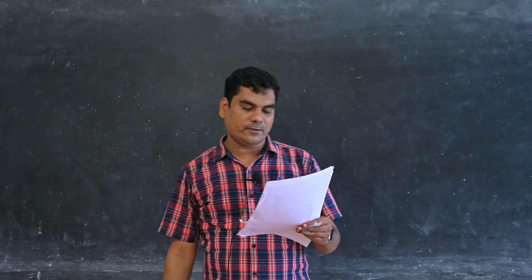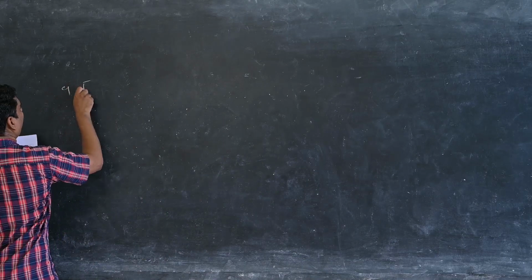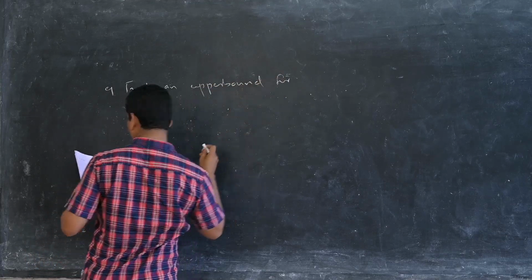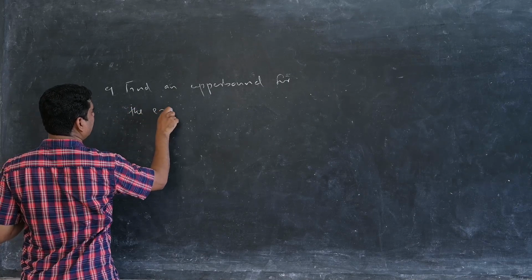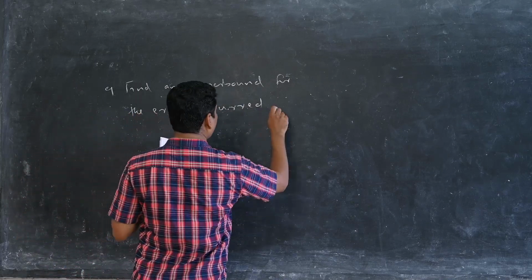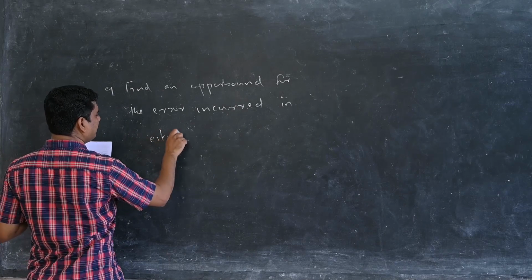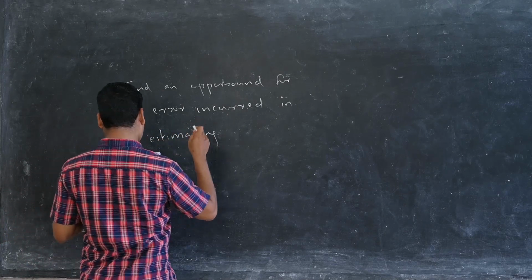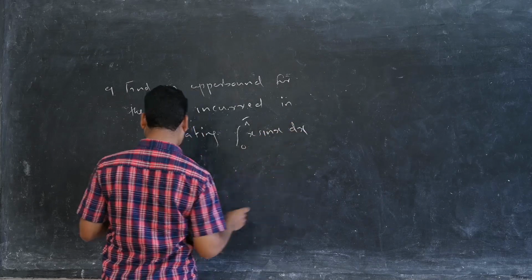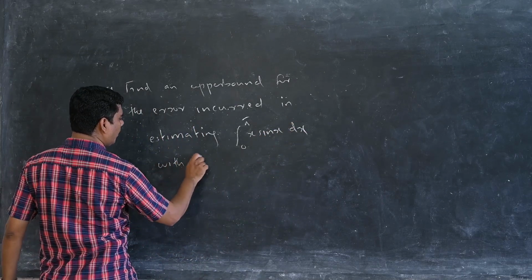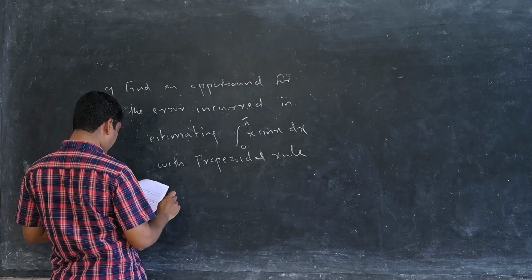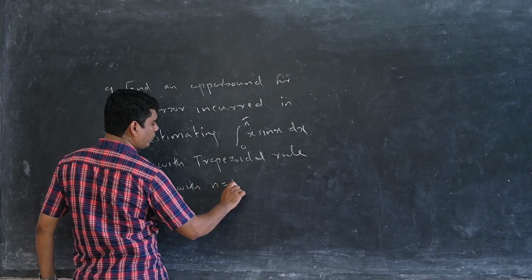Next example, find an upper bound for the error incurred in estimating integral 0 to pi x sin x dx with the trapezoidal rule with n equal to 10 steps.